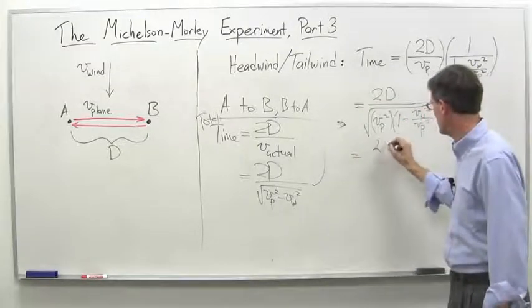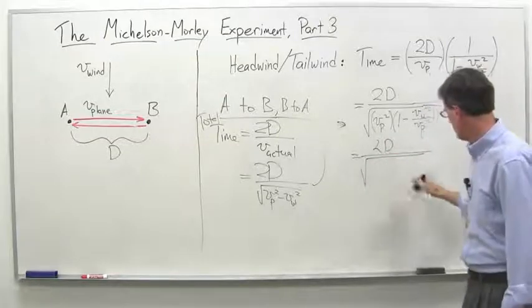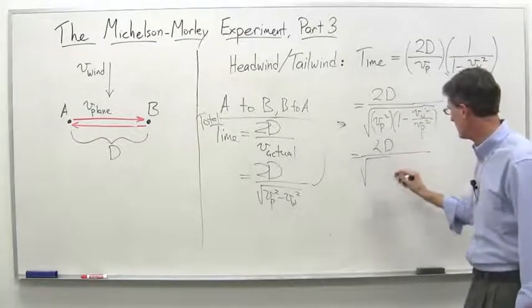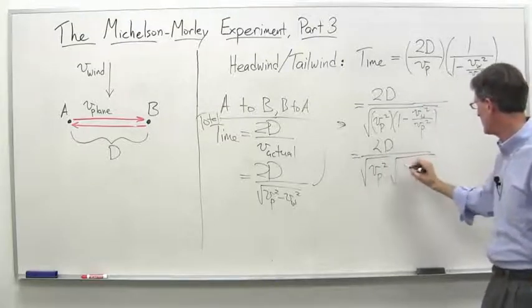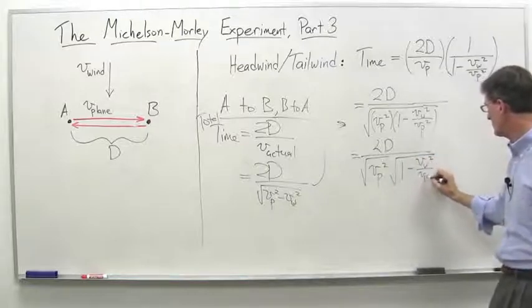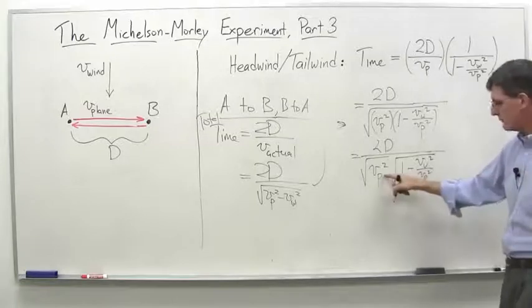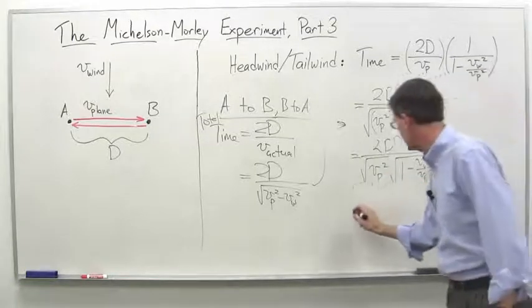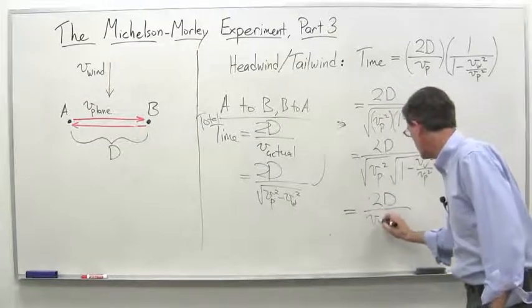So this is 2d over the square root of Vp squared times the square root of 1 minus Vw squared over Vp squared. And of course, the square root of Vp squared is simply Vp. So this becomes 2d all over Vp.